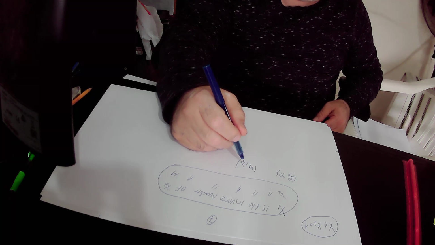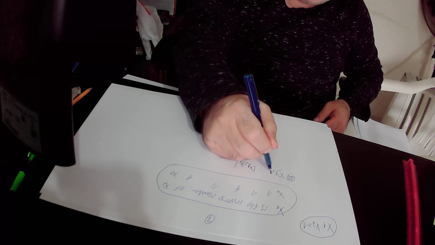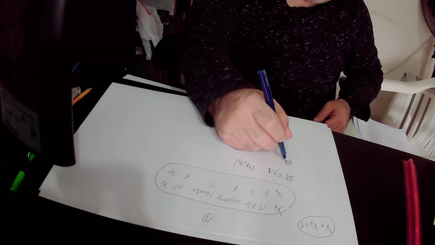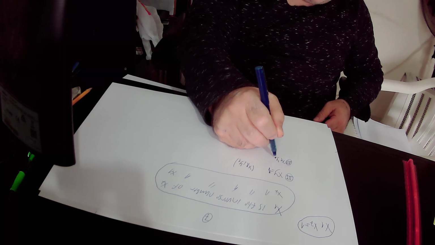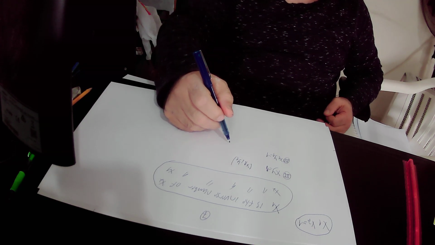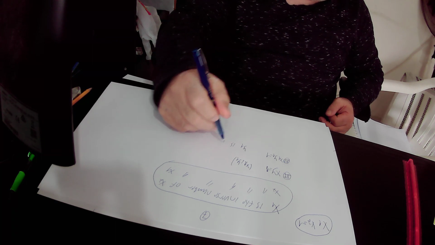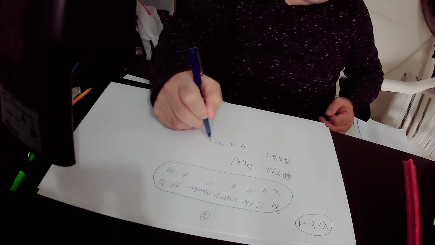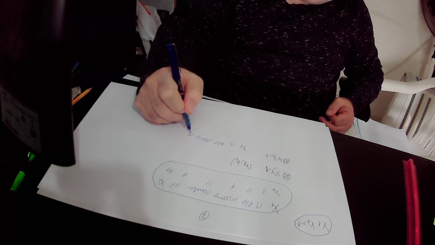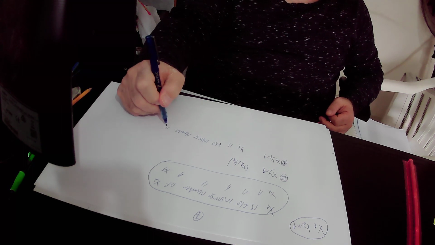So x will be equal to x1 and y will be equal to y1, and we'll get that x1 times y1 equals to 1. What does it mean? It means that y1 is the inverse number of x1.